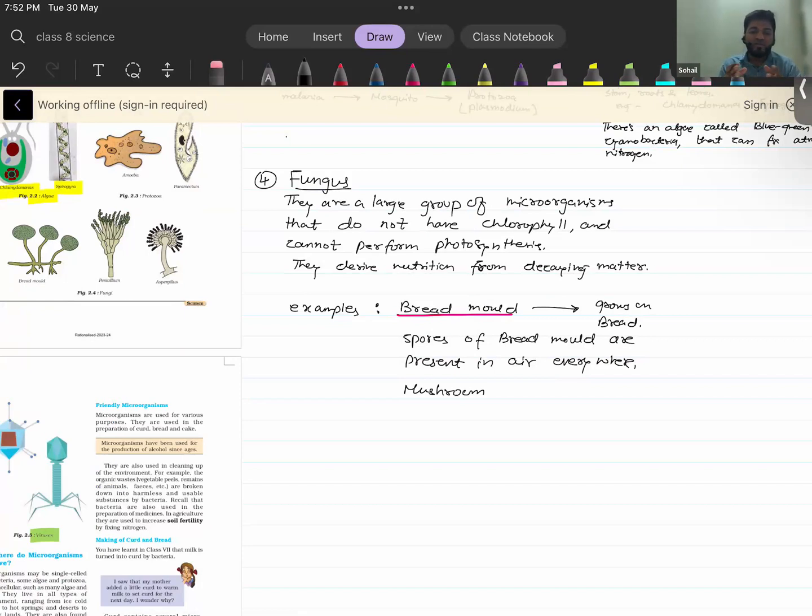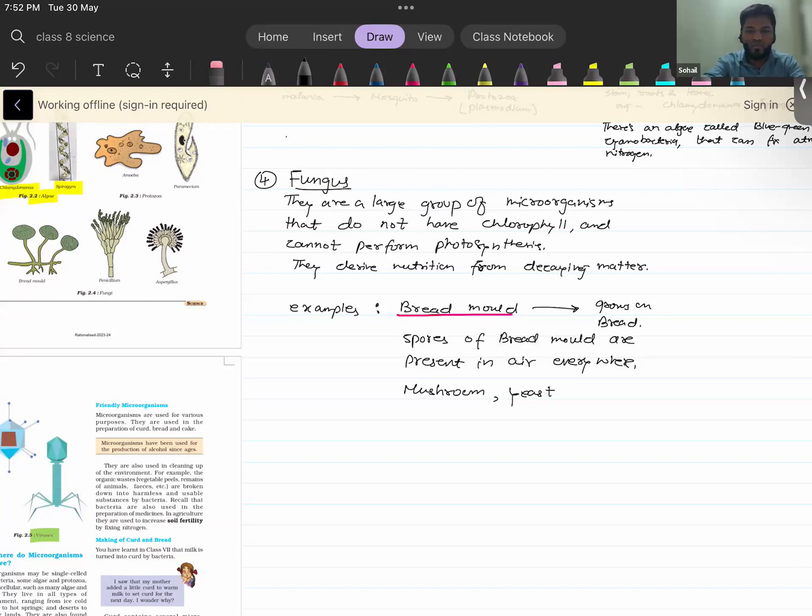Now we have other fungus also. We have yeast also. Yeast is used in bakery. Yeast is a microorganism, a fungus that is helpful for humans. It is used in making food. For the production of bread, yeast powder is actually used. We will discuss that as well.